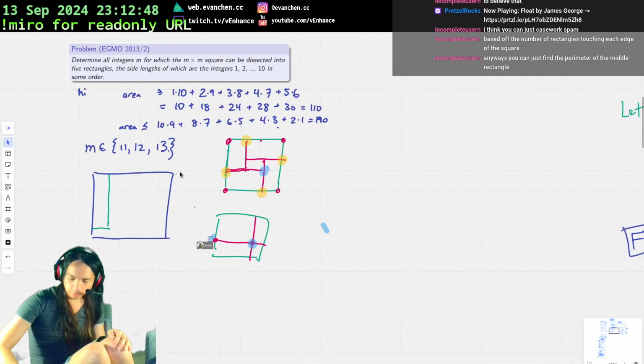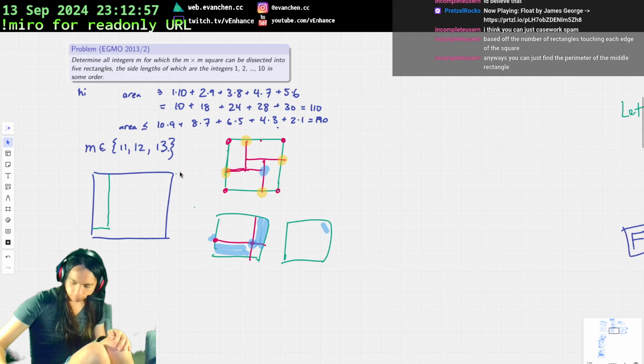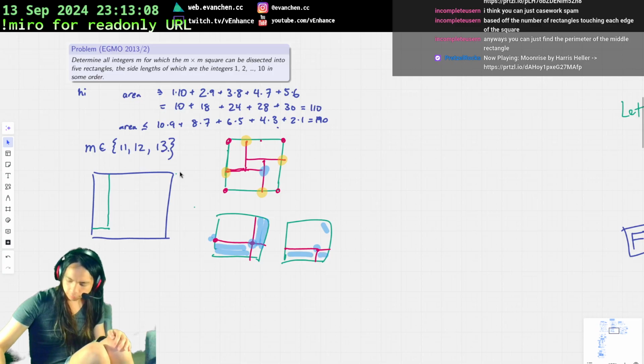Like, if this is a 4 rectangle and this is a 4 rectangle, you're screwed. If this blue corner is matched by... It's a 4 rectangle, this is a 4 rectangle. Like this.